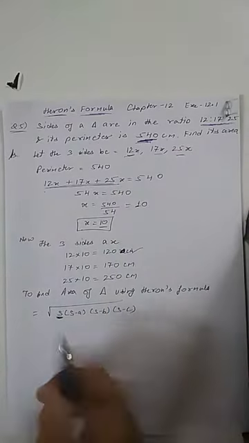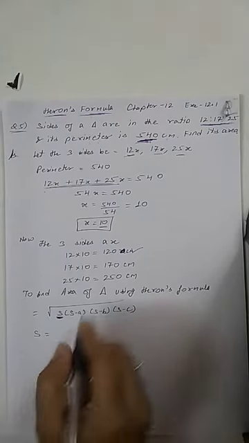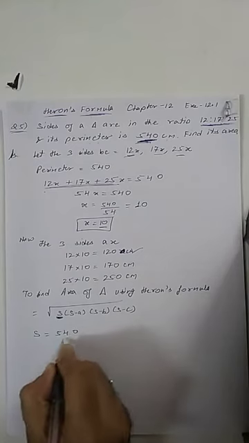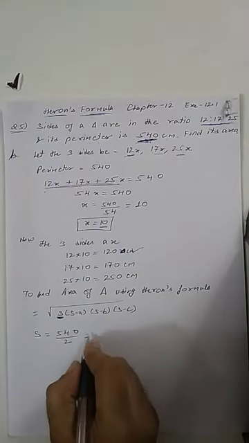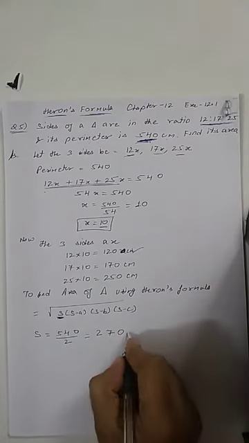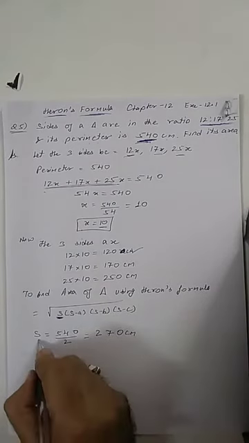We know that s means semi-perimeter. So s is equal to half of perimeter. So that is 540 divided by 2. We got 270 centimeter. Now put the value here.